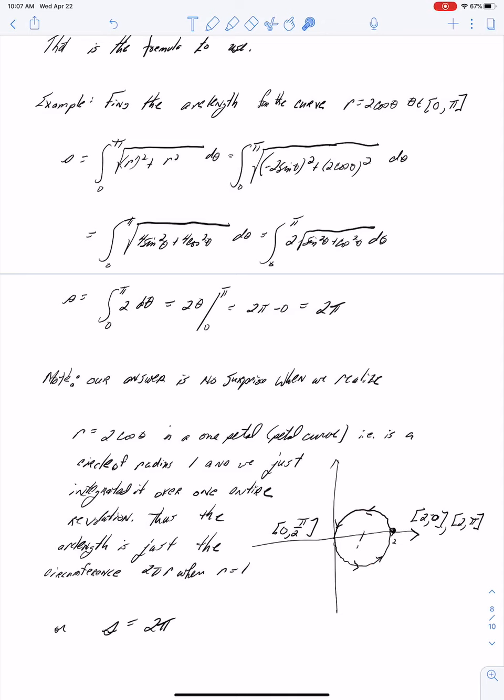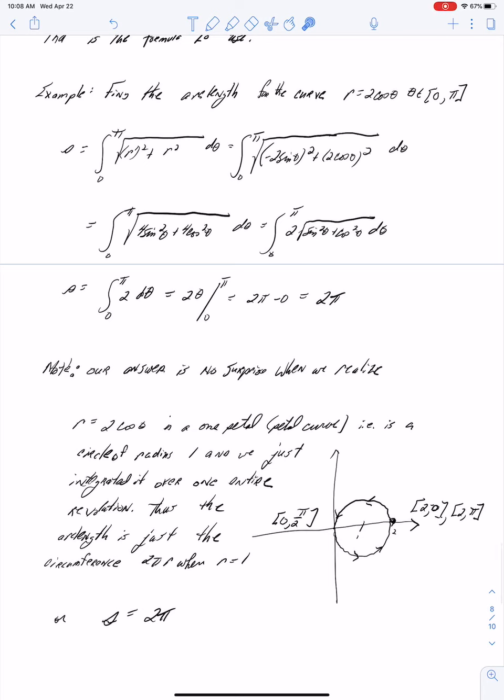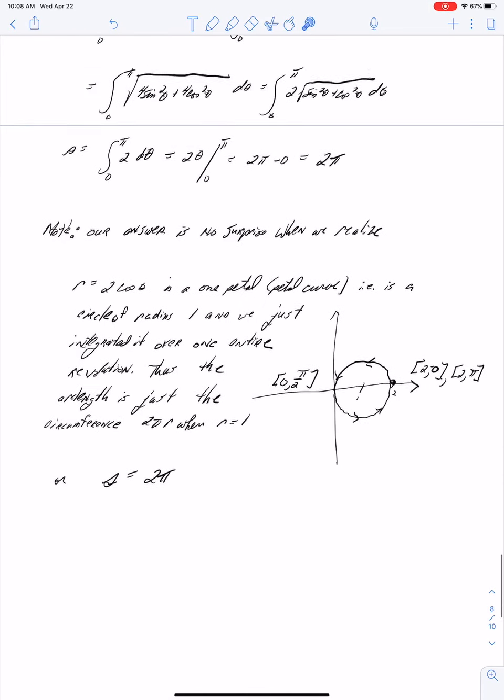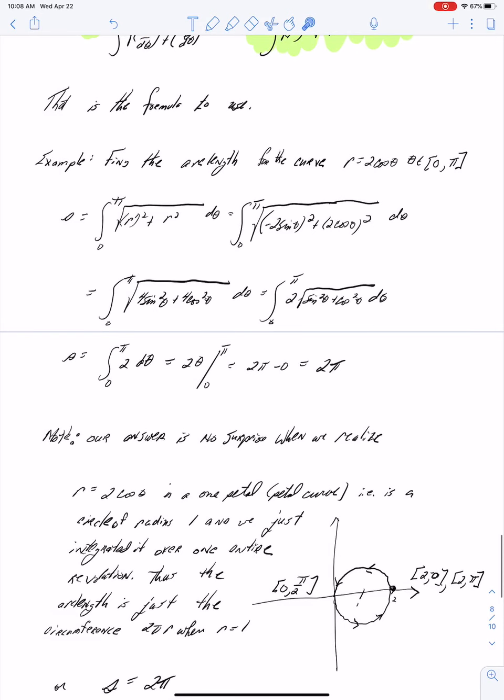And if we integrated from 0 to pi, we've gone around it exactly once. So what is the arc length of this curve? It's the circumference of a circle of radius 1. But what's the circumference? 2 pi r, but r is 1, so I would get the circumference, which is this arc length, to be 2 pi. And I get a warm fuzzy feeling because that's what I got up there.